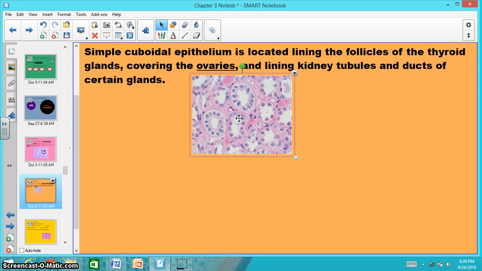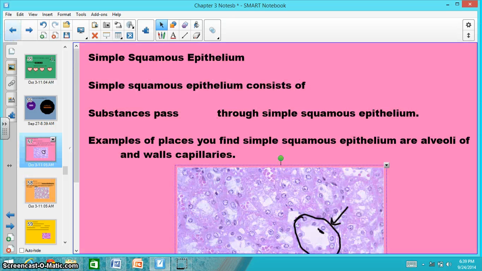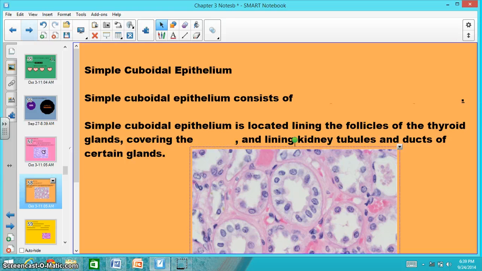So let's get this a little bit bigger. It's kind of similar to what you saw with the simple squamous. Okay, there's that free surface, that ring around it. But when you look at the cells, if you compare them, these ones are more shaped kind of like a box. They're not as flat.